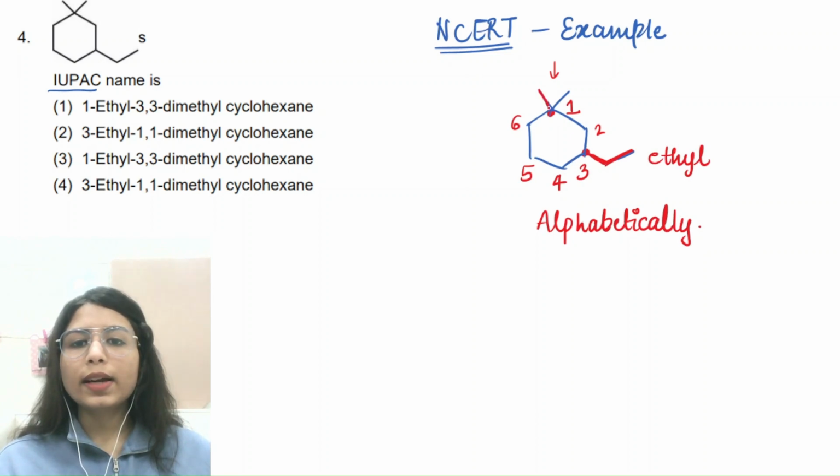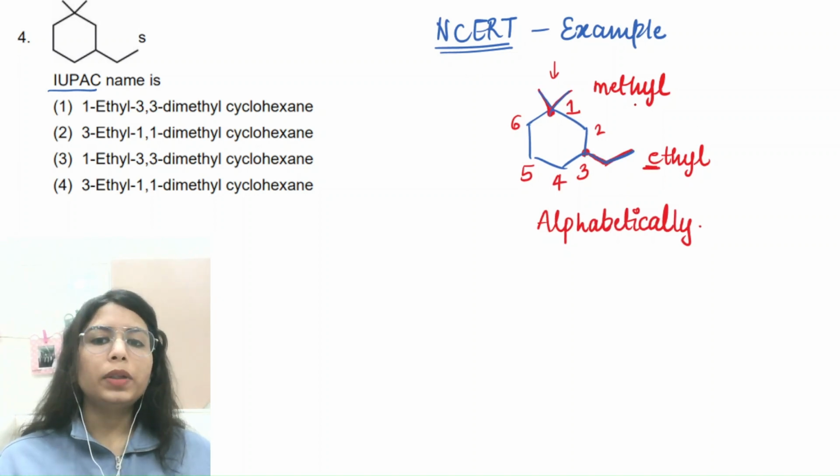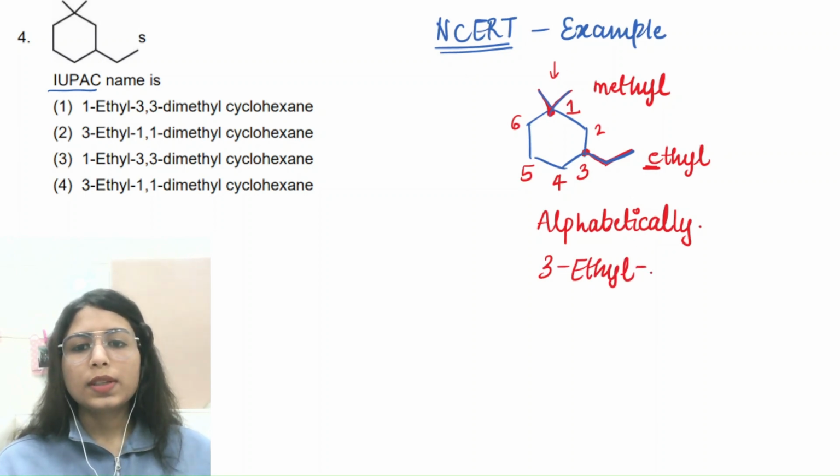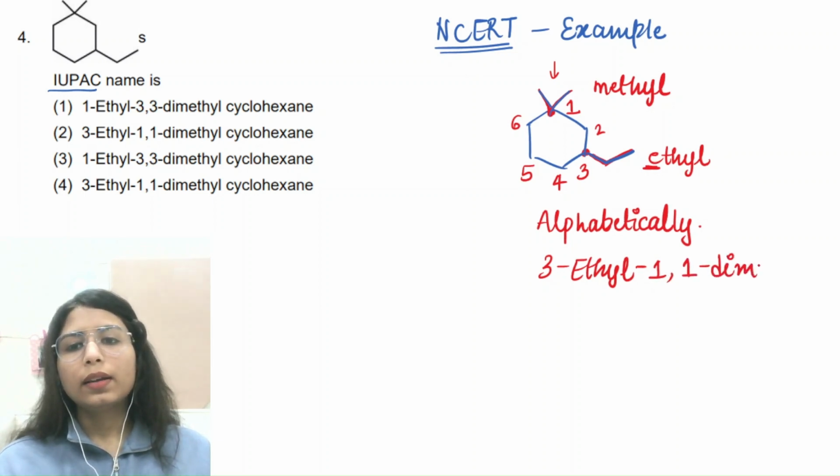And this contains 2 methyl groups. So E comes first alphabetically as compared to methyl. So firstly you have to write 3-ethyl. Then at the first position, since 2 methyl groups are present, you have to write 1,1-dimethyl.